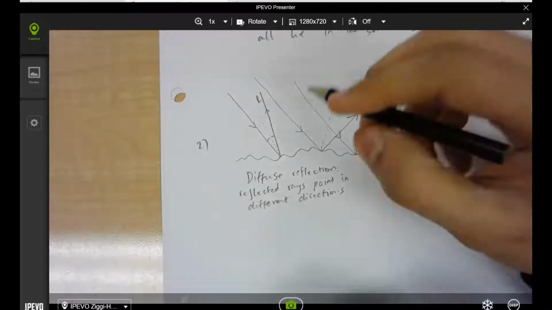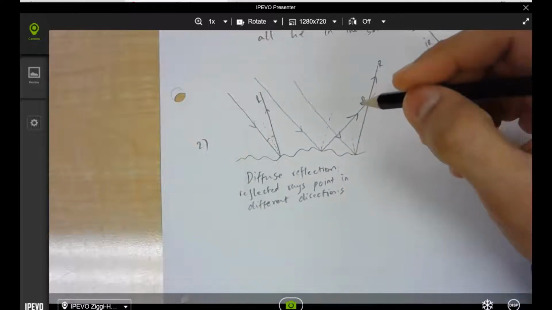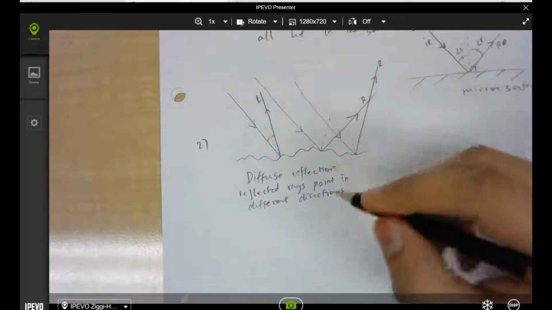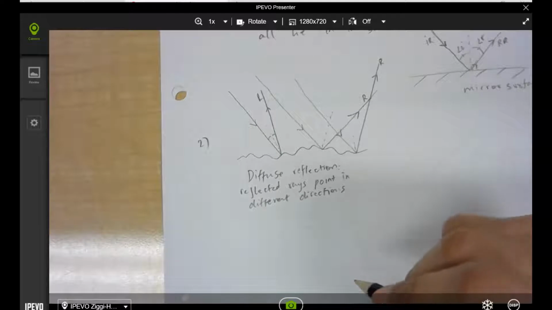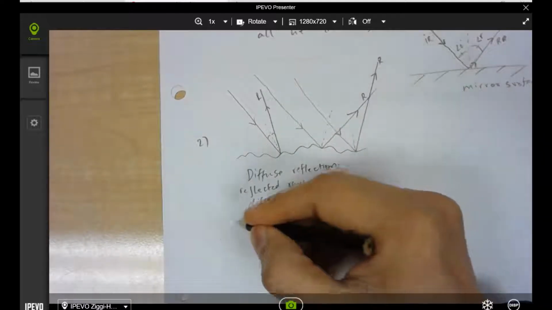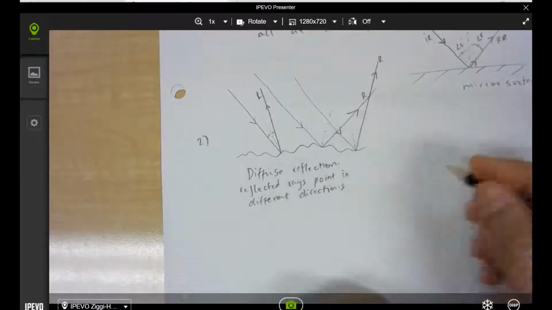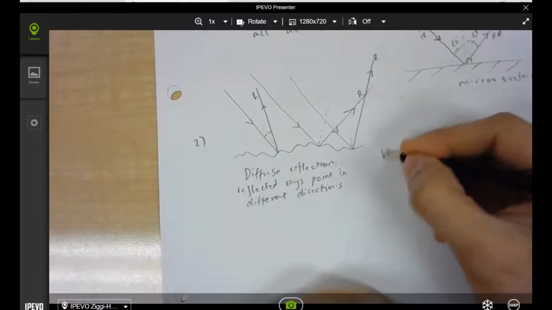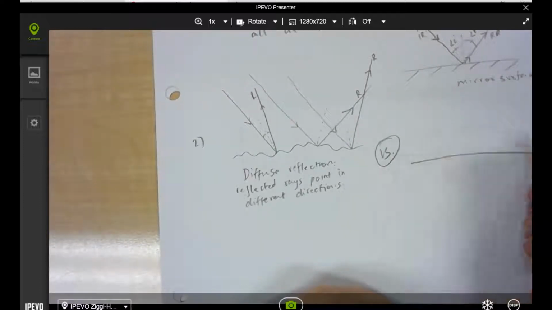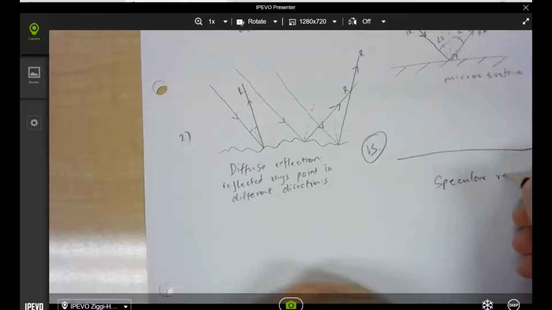White paper does reflect all visible light that's shone on it. That's why it's white. But because it does so in different directions, you cannot see your exact reflection. Another example of this would be a lake with ripples in it. And the opposite of that, we're going to compare to something called specular reflection.